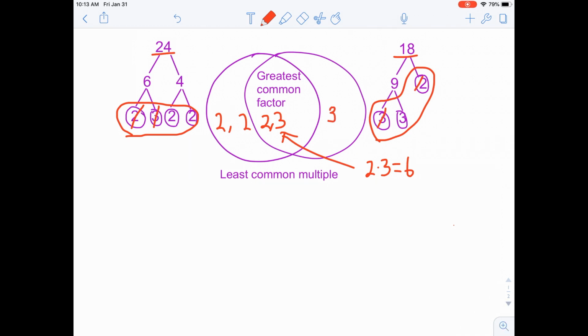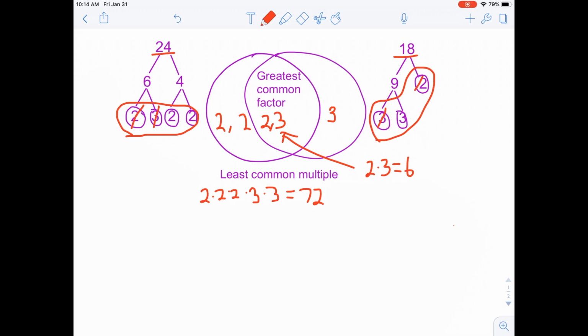To find the least common multiple, I am going to multiply all of the prime factors. So I'm taking 2 times 2 times 2 times 3 times 3. When I multiply that together, I will get 72, which is the least common multiple.